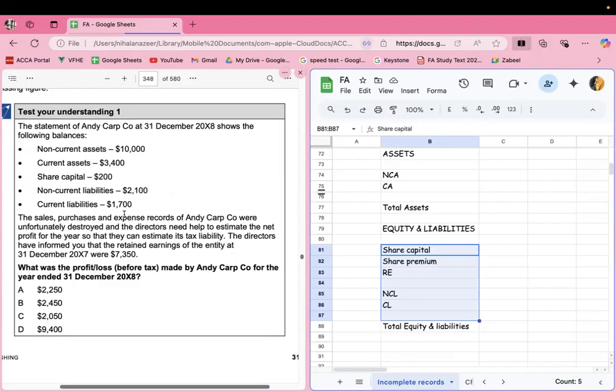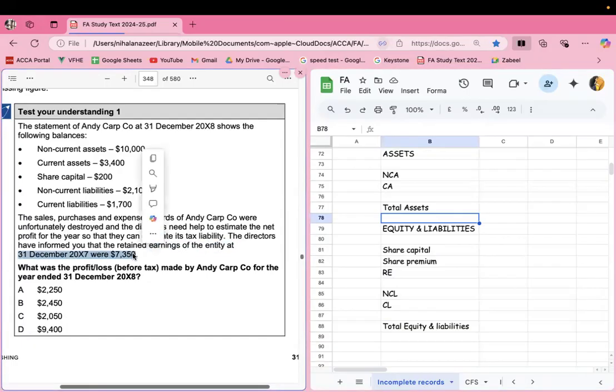The sales, purchases, and expenses records of Andy Corp Company were unfortunately destroyed, and the directors need help to estimate the net profit for the year. The directors have informed you that the retained earnings of the entity at 31st December 2007 was how much?